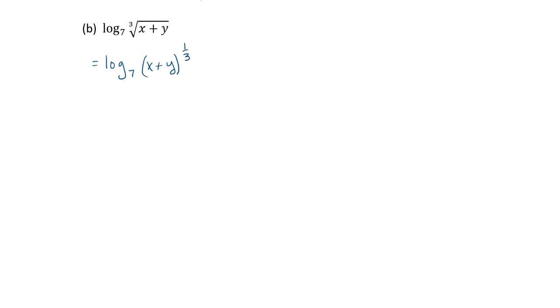Now remember, expanding these logarithms means that we're going to get rid of the products and quotients in the argument and exponents on the argument. So we'll use the power rule and move the 1/3 in front to be the coefficient of the log.